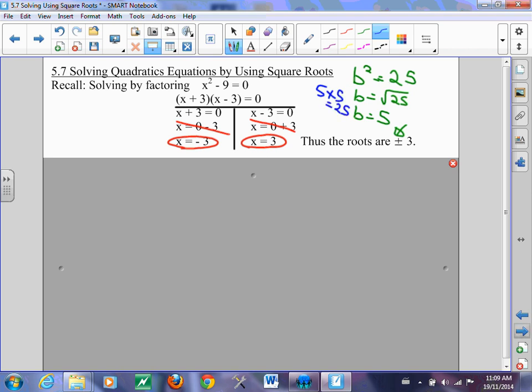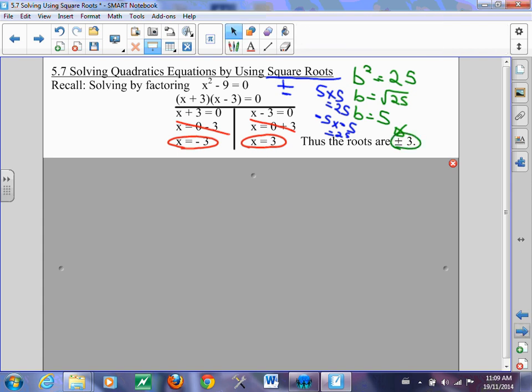However, there's another possible answer. Negative 5 times negative 5 will also give you 25. So now when we do the square root method, you're always going to be taking the positive and the negative root. You're going to see that a fair bit in the next couple days. So remember that the plus and minus means both positive and negative values.